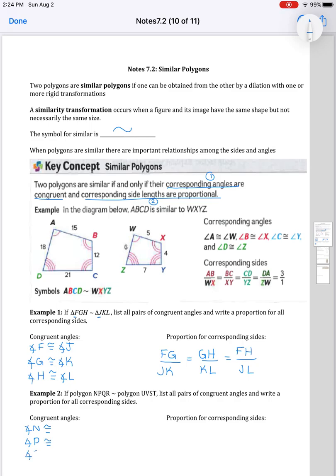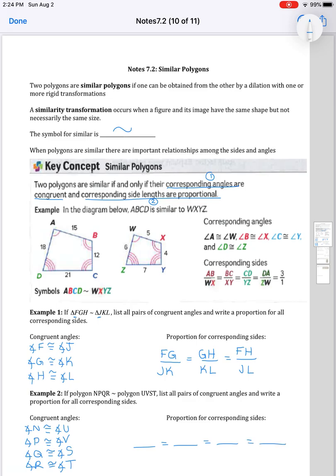All right, let's try one for a 4-sided figure. No different in terms of the approach. I'm going to take the first figure, with the letters N, P, Q, and R, and list them out. Since they're giving me a similarity statement, I know who they match up with. N goes with U, P goes with V, Q goes with S, and R goes with T. So there are my angles.